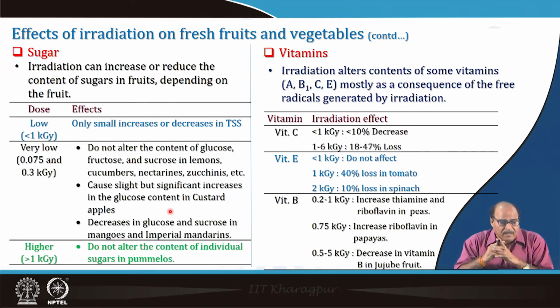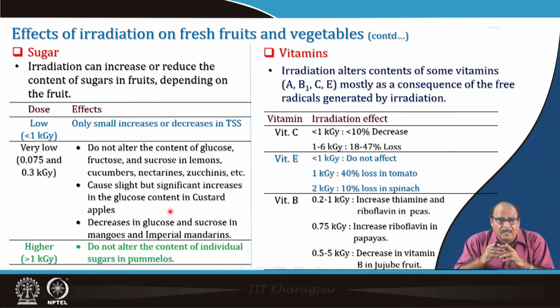Effect on sugar: irradiation can increase or reduce the content of sugar in fruits depending upon the type of the fruit. For example, at low doses less than 1 kilogray, only a small increase or decrease in the TSS is seen. Higher doses more than 1 kilogray do not alter the content of individual sugars in plums, or at very low doses between 0.075 and 0.3 kilogray.